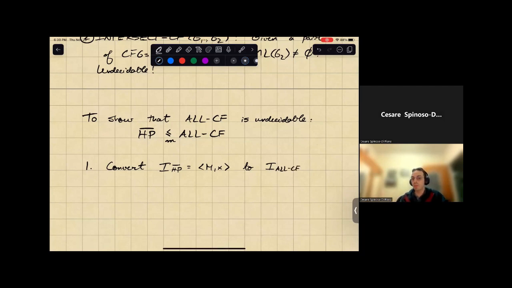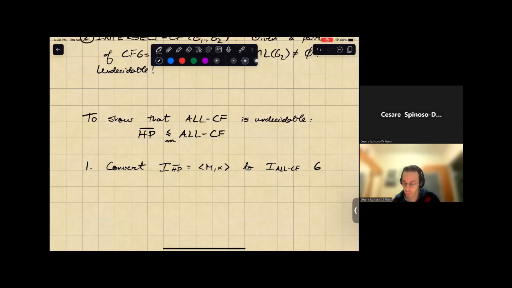And so what's a particular instance of the all CF problem? Well, it's a grammar which has been created, right? The production rules of the grammar have been created as a function of MX for some specific purpose, and that purpose is in step 2.